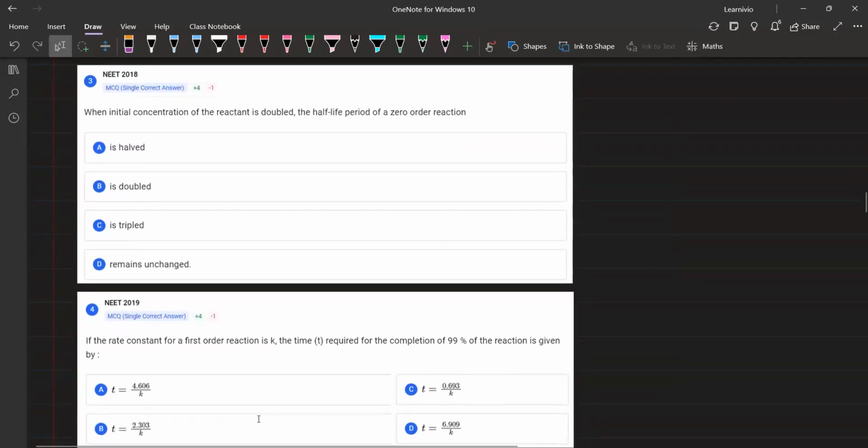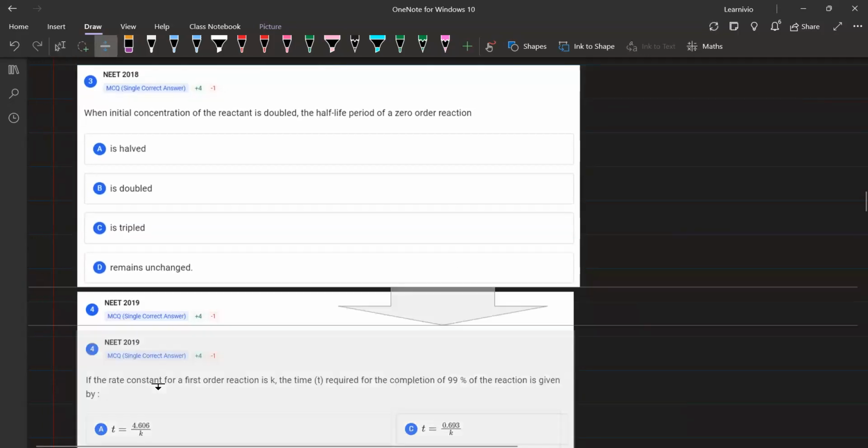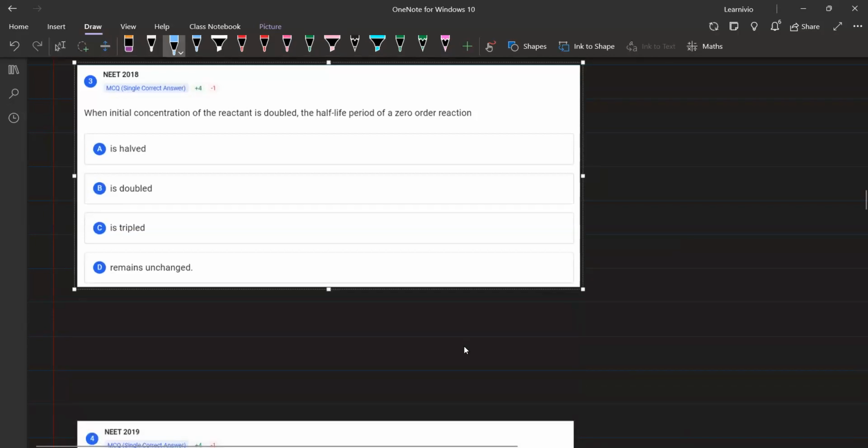Try this. When the concentration of reactant is doubled, the half-life period of a zero order reaction.